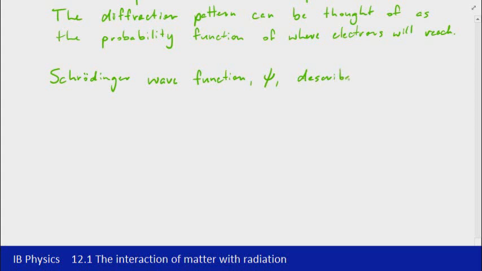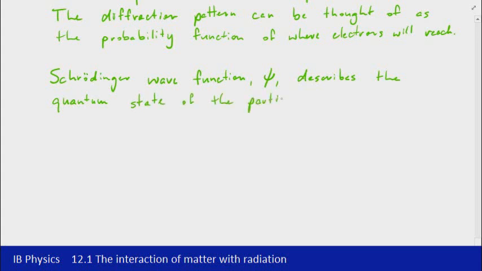Is it a single electron? Is it a group of electrons? We don't really need to try and identify what the wave function is actually about. We just need to know that the wave function exists, and it describes the quantum state of the particles.